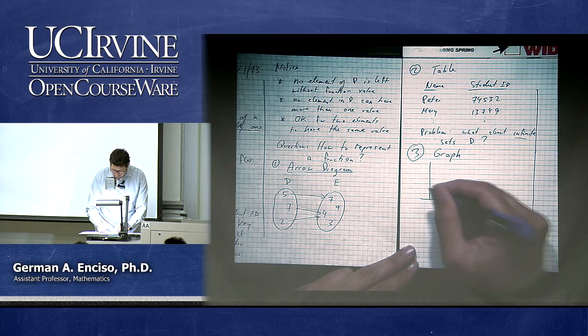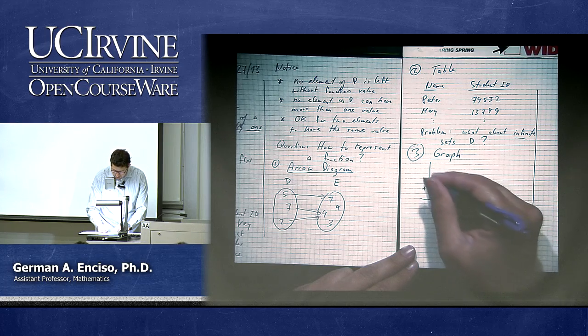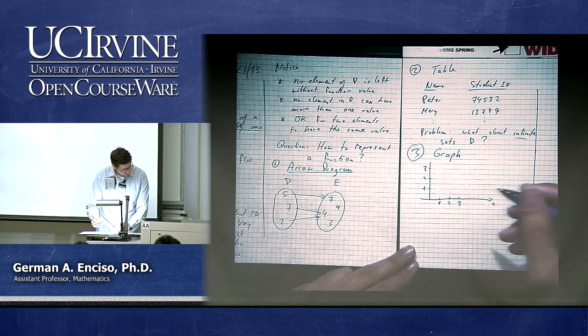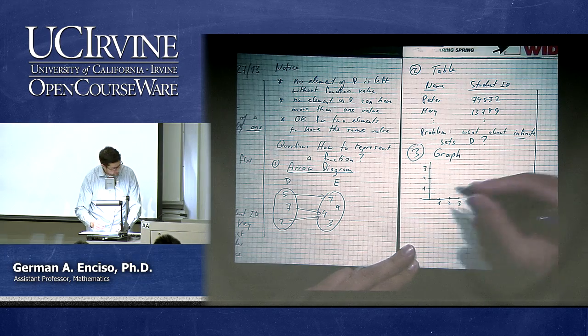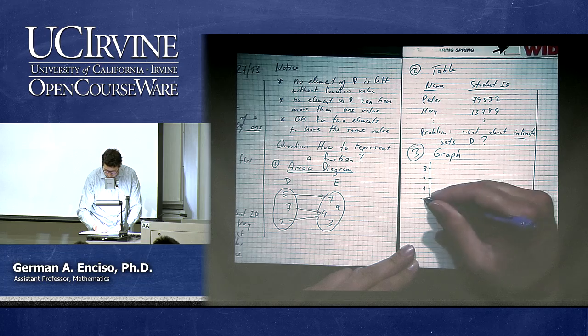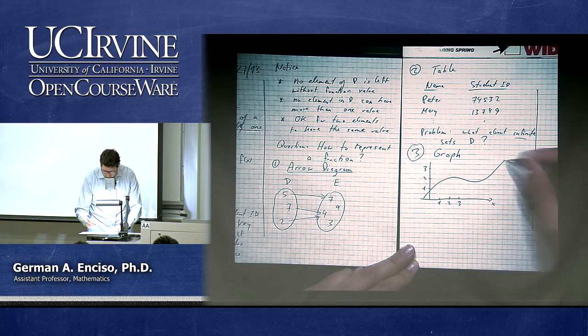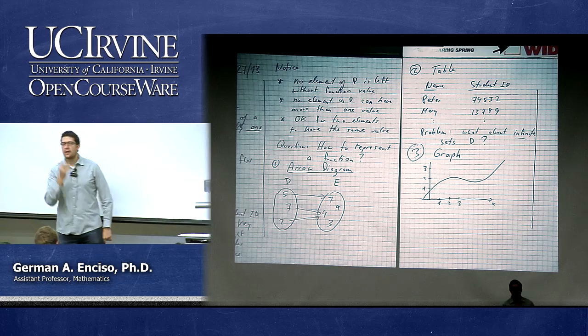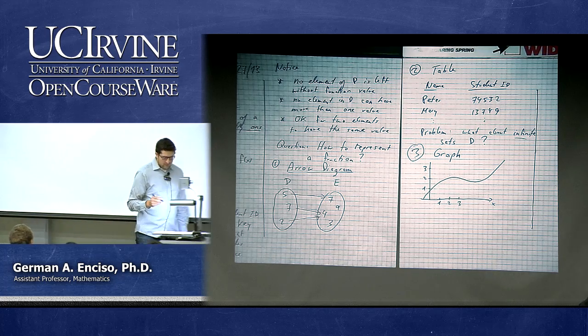And you put here the y values, 1, 2, 3. What do I mean by x values and y values? Well, I'll tell you in a moment. And you draw a graph. Okay?